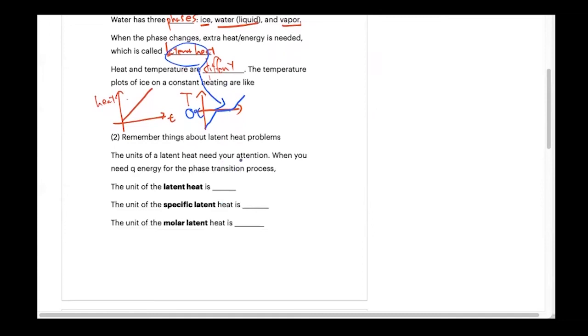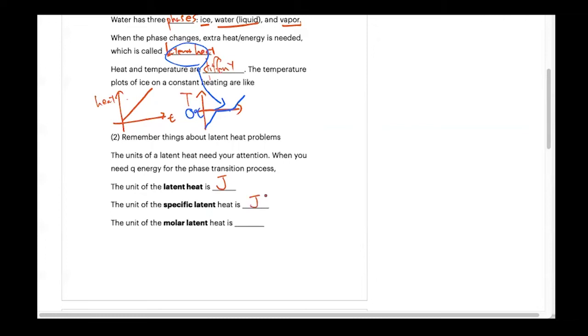So it's pretty easy to understand, I guess. But there are several things that you better understand, which is the unit. Because during the latent heat process, you don't see any temperature increase. So the unit of the latent heat is Joule, which is just energy. And the specific latent heat is the latent heat per mass.